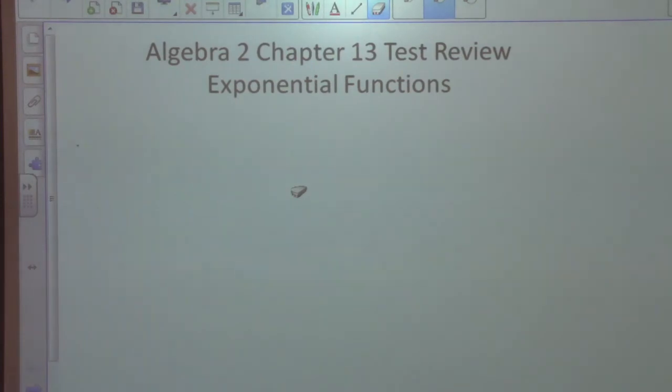The main thing we did is exponential growth functions and exponential decay functions, and then sections 13.2 and 13.3. So we have a study guide here that we're going to take today. We should be able to get through all of this today, so we'll see how it goes. We're just going to have a class discussion on this.